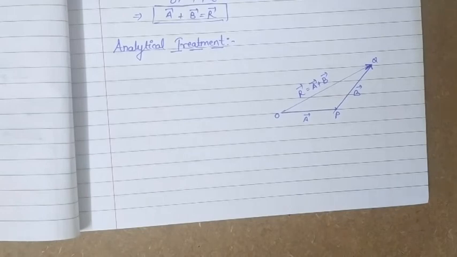Now to completely define the R vector, we have to find two things. First is the magnitude of R vector and second is the direction of the resultant R vector.